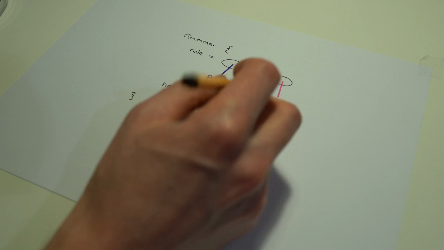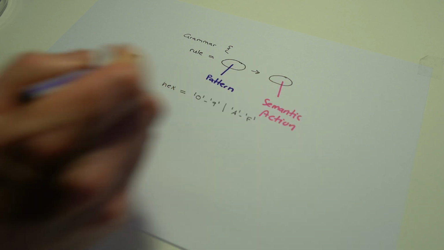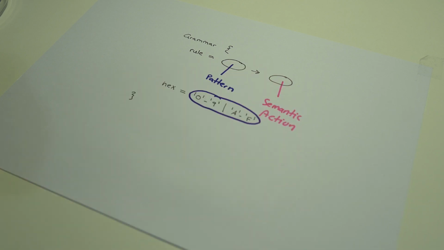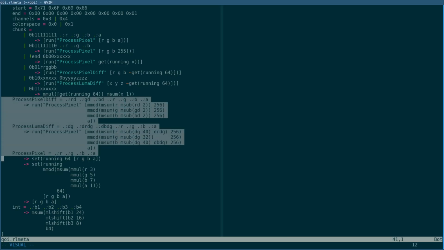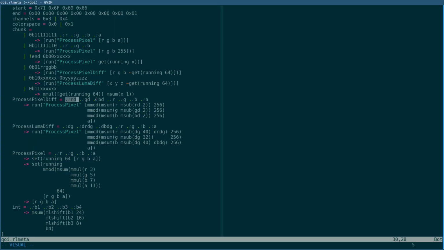RL Meta has quite extensive syntax support for writing patterns, but semantic actions are more limited. The semantic actions for pixel processing in particular have very little pattern matching going on and very much semantic actions going on. So one way to make them read better is to instead implement the semantic actions in Python. So that's what we're trying today, and we'll then evaluate the results.